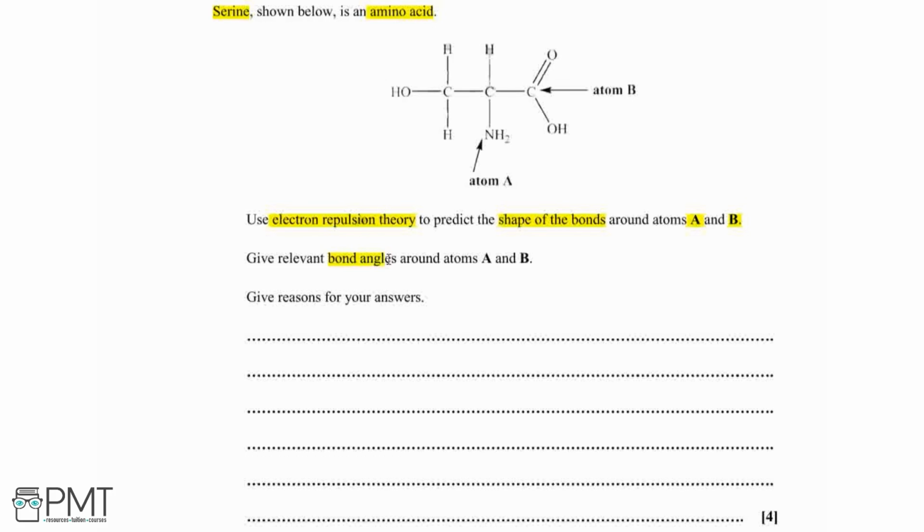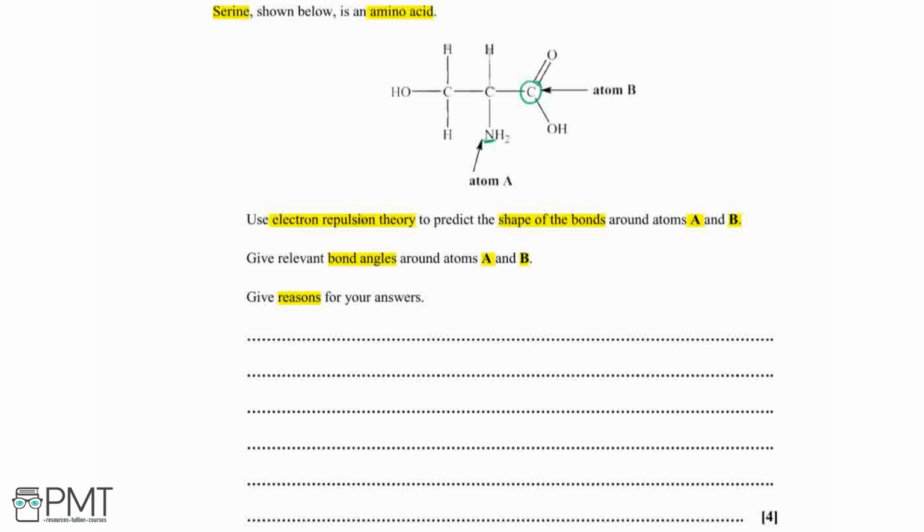We also need to give our bond angles around atoms A and B, and we need to give reasons for all of our answers. So we need to use this electron pair repulsion theory in order to explain our predictions overall.